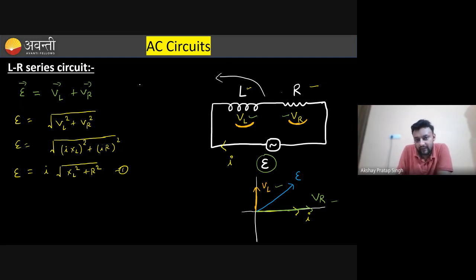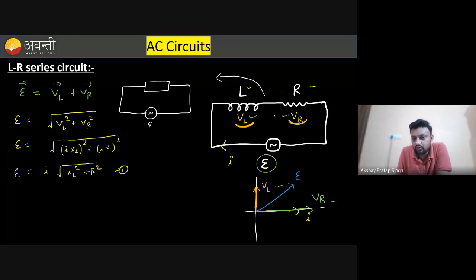If you make an equivalent circuit, I don't know whether it will behave more like an inductor or more like a resistor, so I have drawn the effective part as a box. The applied EMF is E here, which is AC. The combination of these two will have some effective resistance, known as impedance, denoted by Z.